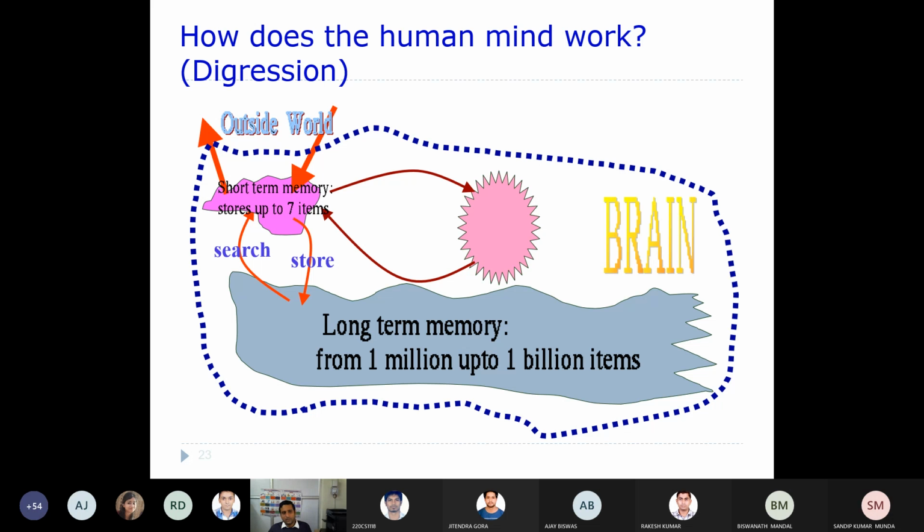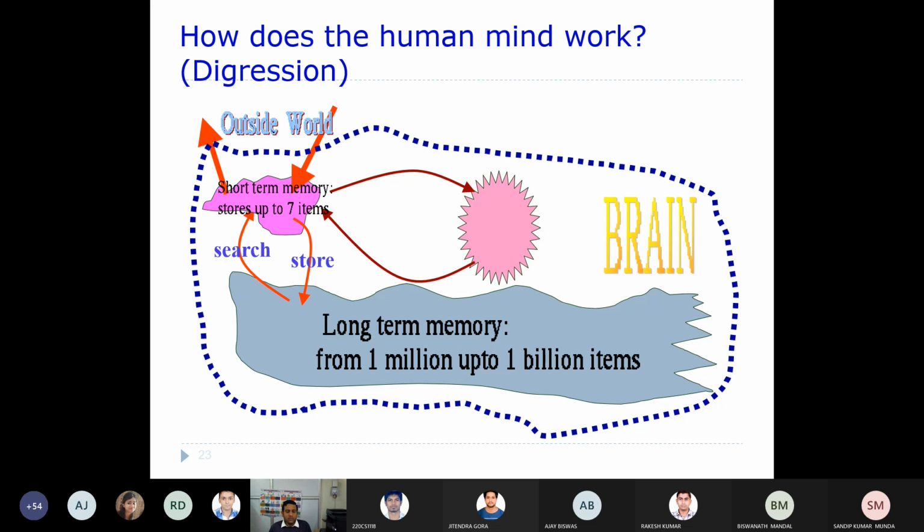You have a short-term memory at the first level, and then a long-term memory. Long-term memory holds millions and billions of items, but in short-term memory you carry at most about 7 items whenever you interact with the outside world. Those items will not be available all the time.